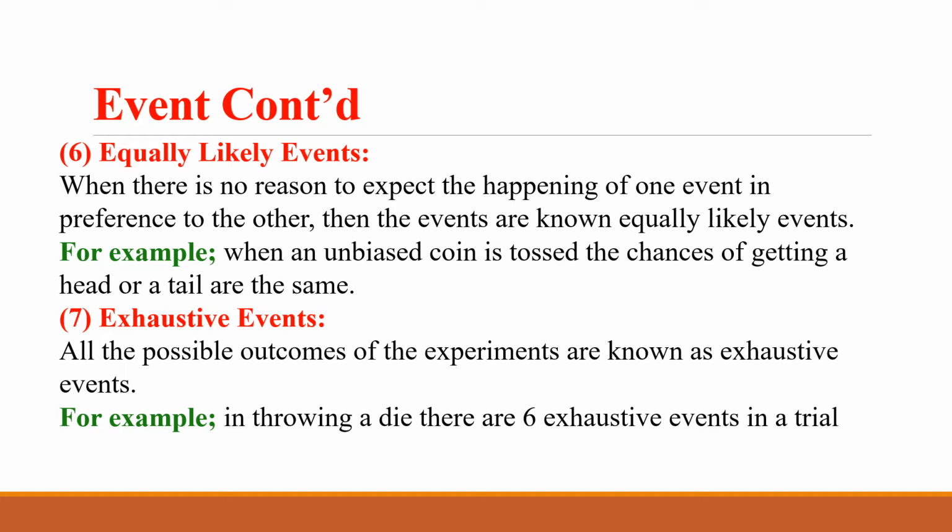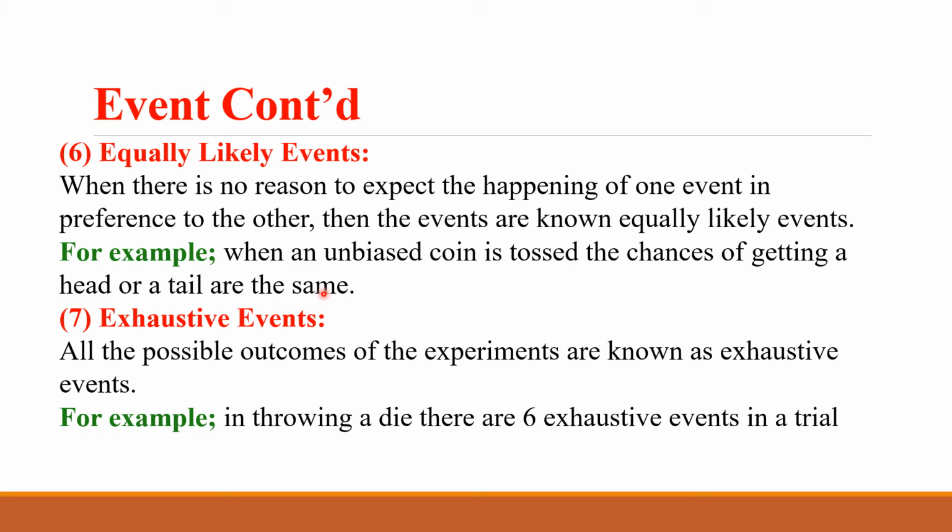In other words, we are saying that every outcome has an equal opportunity. If you're tossing a coin, then you expect, if it is not biased, that you will either get a head or a tail. In which case we are saying you are equally likely to get a head or a tail.